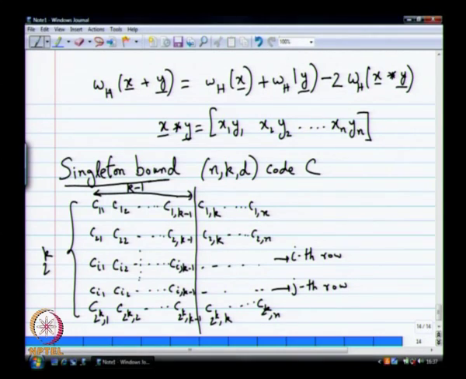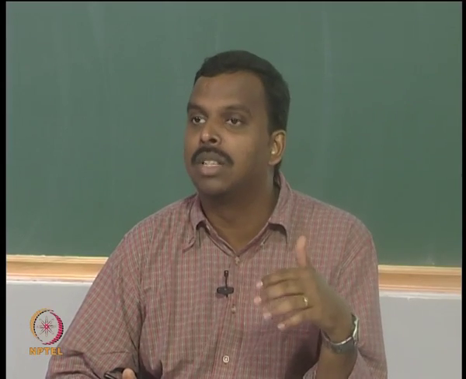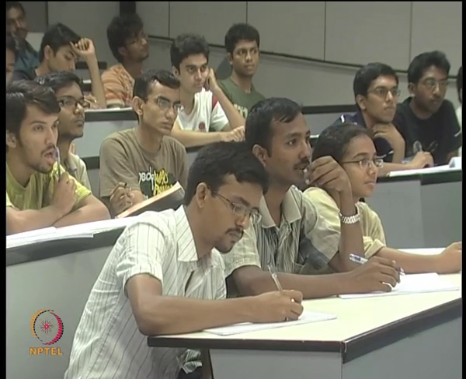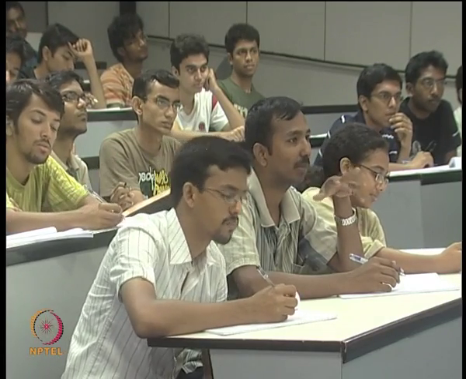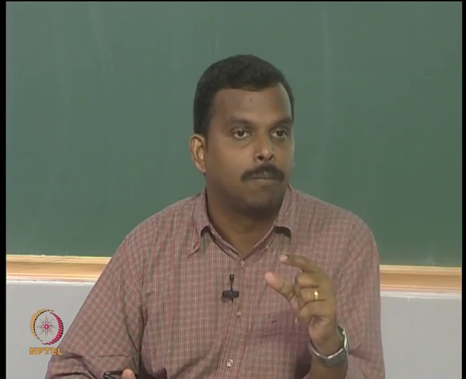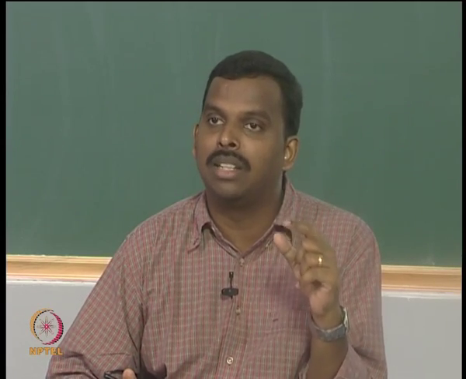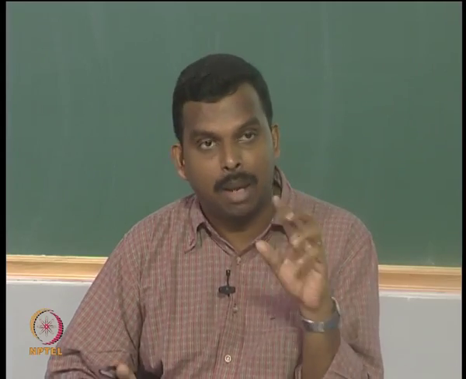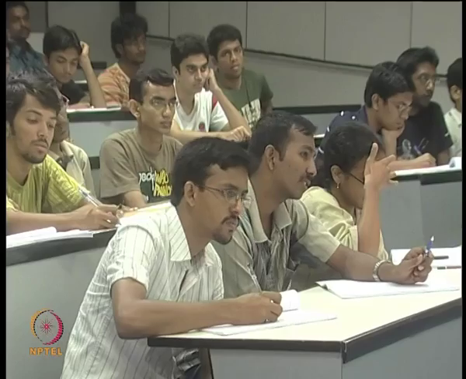If you add these two, what will happen? The first k minus 1 bits will become 0. Or another way of looking at it, instead of adding, if you look at the distance between the ith code word and the jth code word, what can possibly be the distance? N minus k minus 1, which is n minus k plus 1.